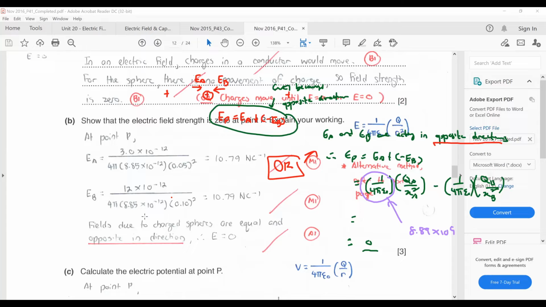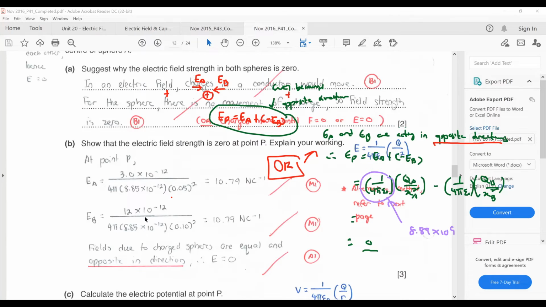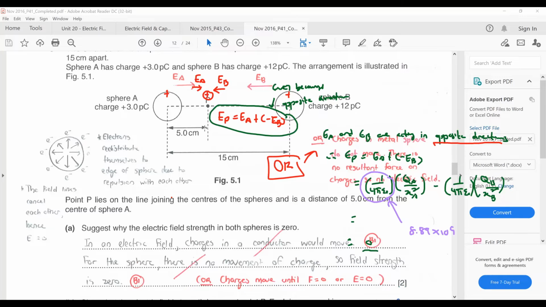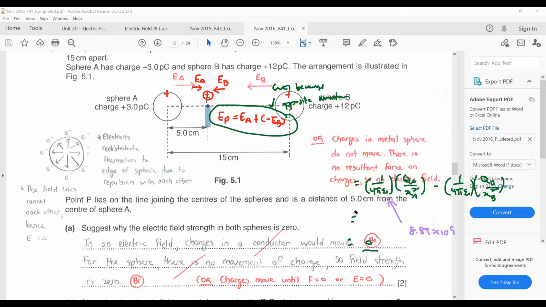Then you move to part C, where they ask you calculate the electric potential at point P. The first question asks you to find the electric field strength. The second question asks you to find out the electric potential. Okay, so when you want to find out the electric potential, you again do the similar analysis.